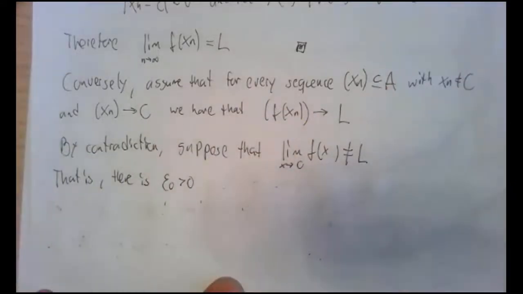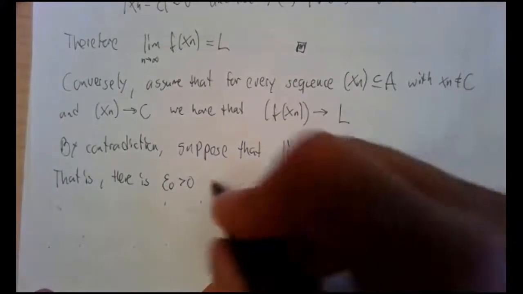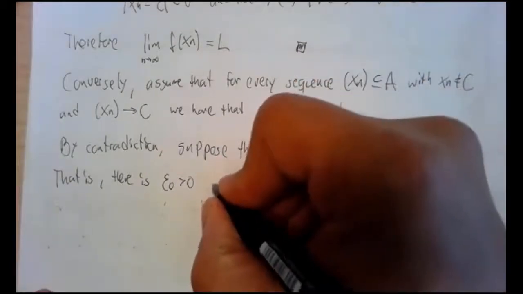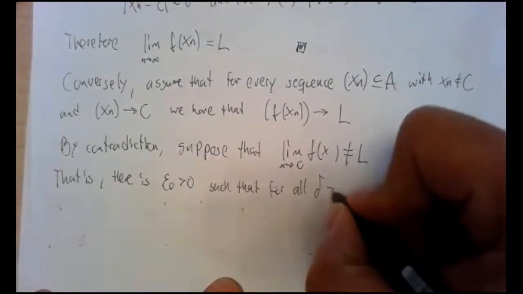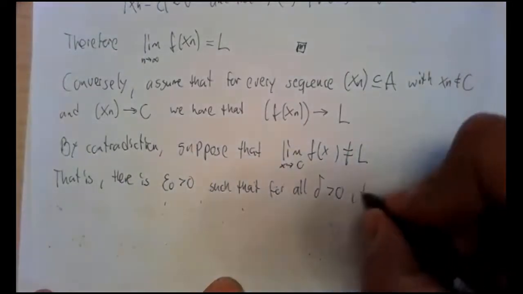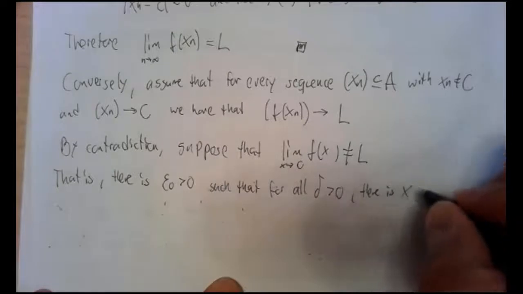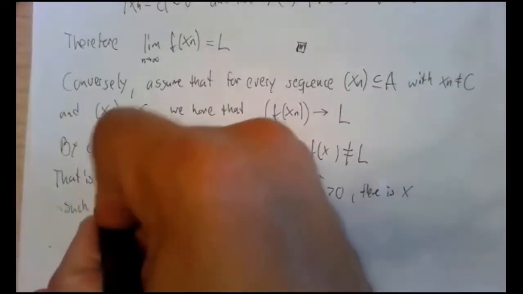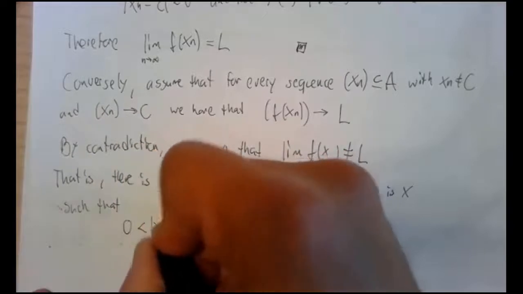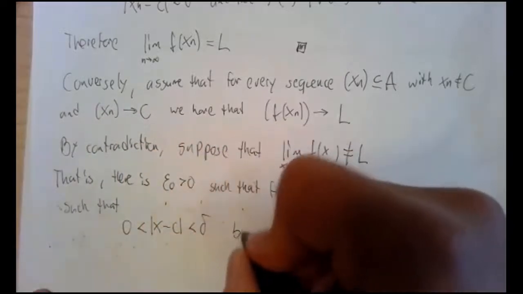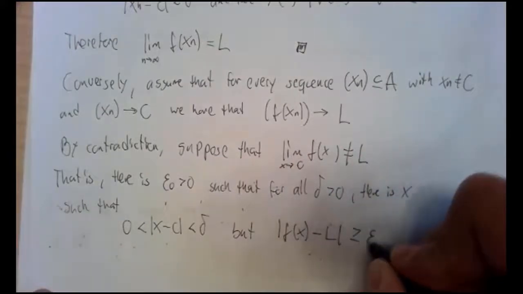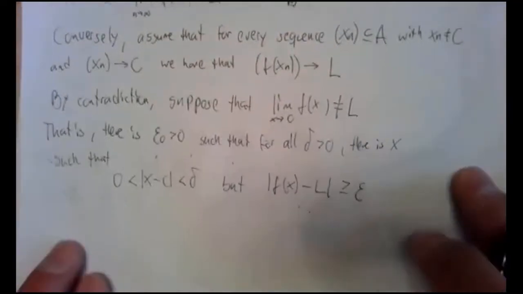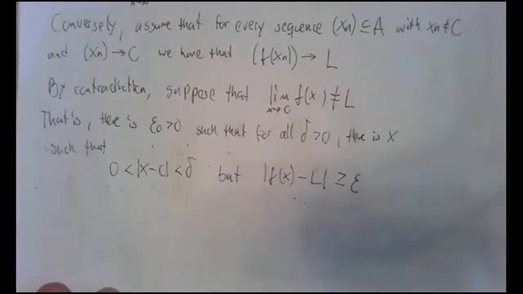It means that there is an epsilon greater than 0 such that for all delta, there is x such that 0 is less than |x minus c| less than delta, but |f of x minus L| is greater than or equal to epsilon. Now it's correct.